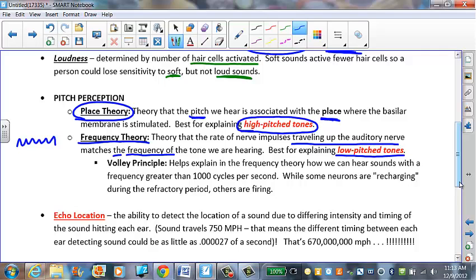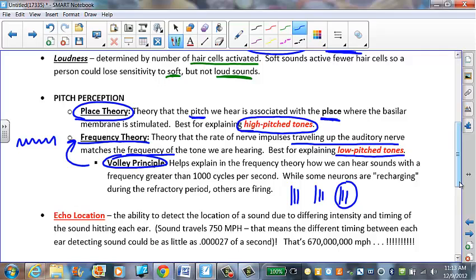One other factor here is the volley principle. When we add that to the frequency principle, it helps explain the higher frequencies that we can hear, since frequencies can travel greater than 1,000 cycles per second, and our nerve cells can only fire 1,000 times per second. What that says is that some of our hair cells are lined up in different places.